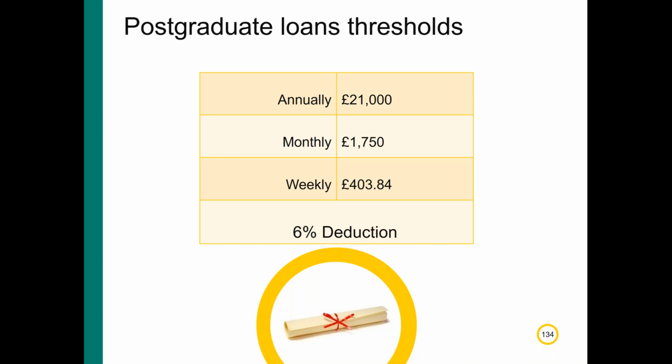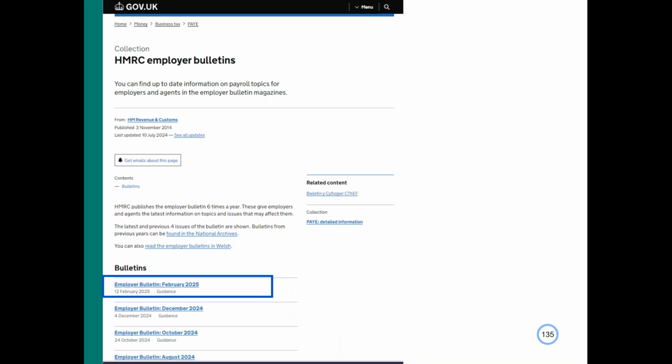Before we move on to look at some other changes, let's have a quick reminder about the Employer Bulletin. A good way to stay up to date is to use Employer Bulletins. You'll find the Employer Bulletin on gov.uk.